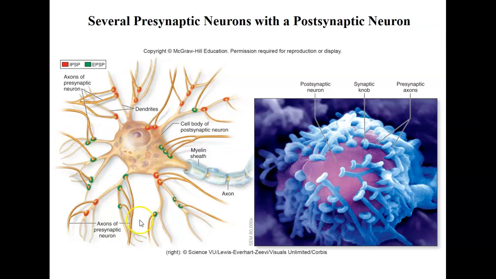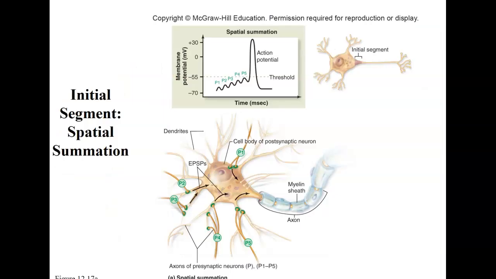That's why we call it summation, because if we have more inhibitory than excitatory postsynaptic potentials, then maybe the whole potential will be inhibited, and we will not have an action potential here at the postsynaptic neuron. If we have enough, we could have an action potential if it gets to threshold.